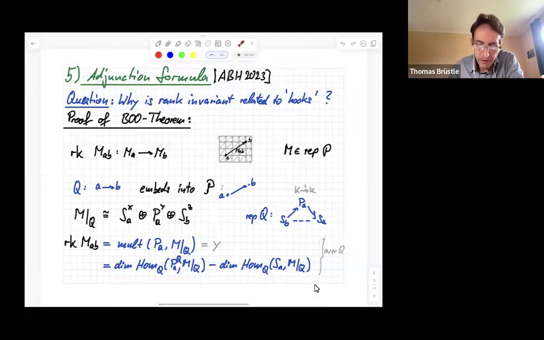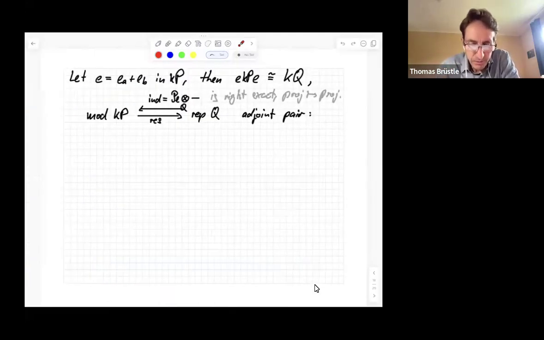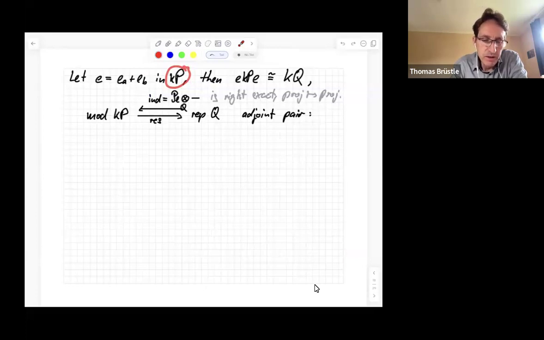Okay. So fortunately for this, we have a general theory available. Say in my poset P, in the poset algebra, the incidence algebra KP, I look at the idempotent given by the sum of the two idempotents at the two vertices A and B, and then I multiply my poset algebra with that idempotent on the left and on the right. I get back my poset algebra for this quiver Q, the one arrow.